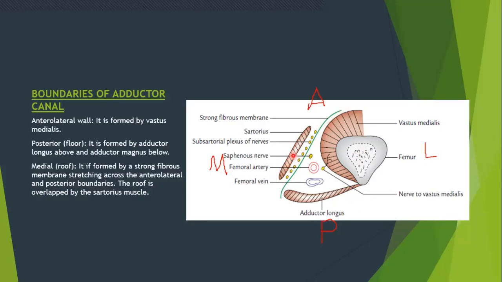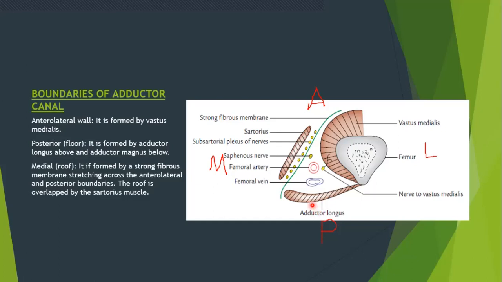Now, above this strong fibrous membrane, we have the sartorius muscle overlying. So you can see that the tunnel is beneath sartorius, so subsartorial canal. Then posteriorly, or the floor, is formed by two structures: adductor longus above or superiorly, then as you go inferiorly, adductor magnus takes over.